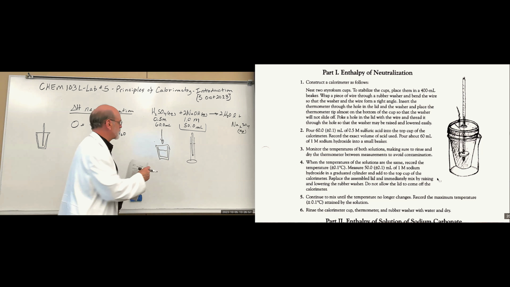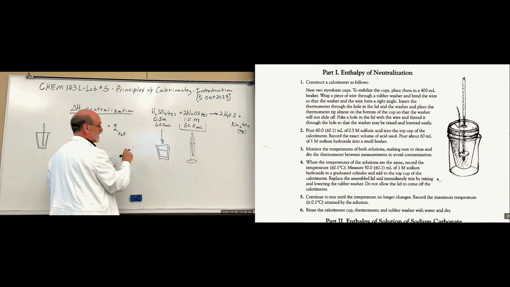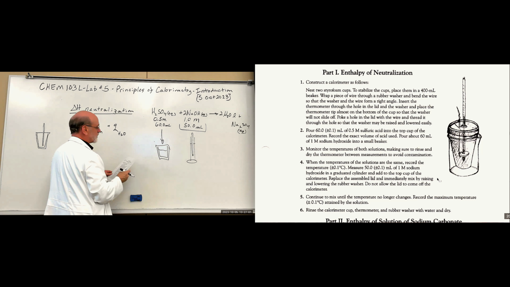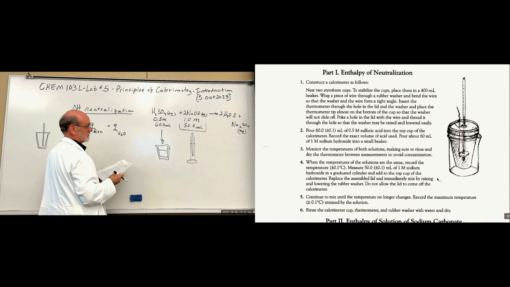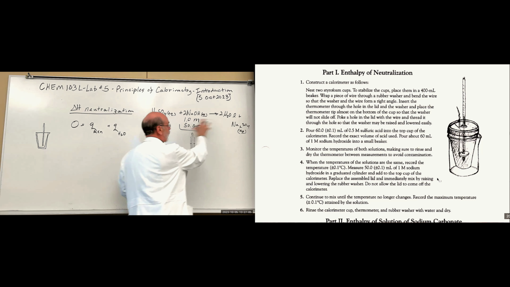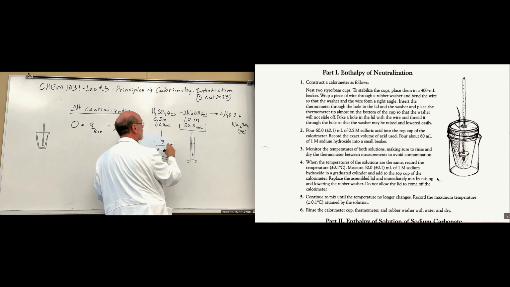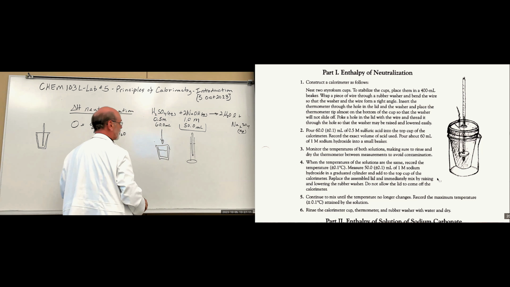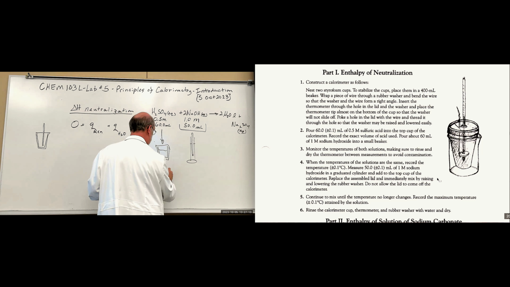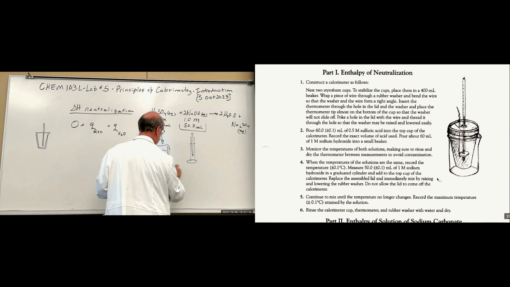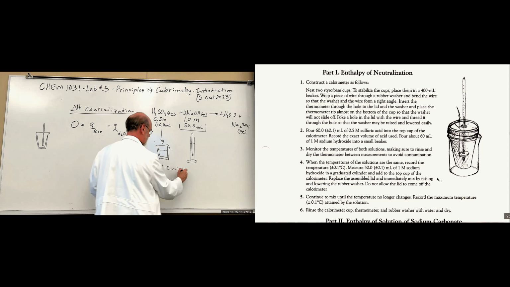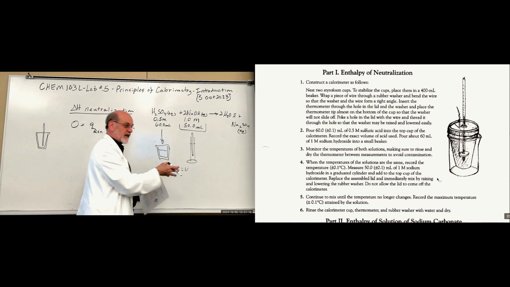So initial temperature of this would be initial temperature of the water, because we're going to make water. So the initial temperature of both of them together, what's the volume? The volume is 110 milliliters, right? Or 110 grams.